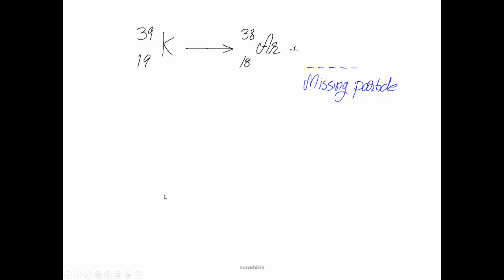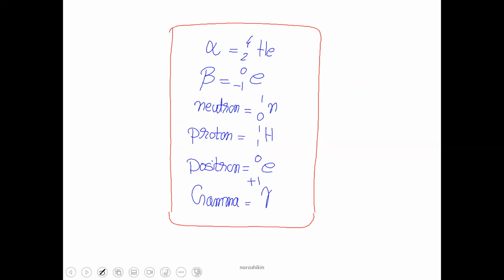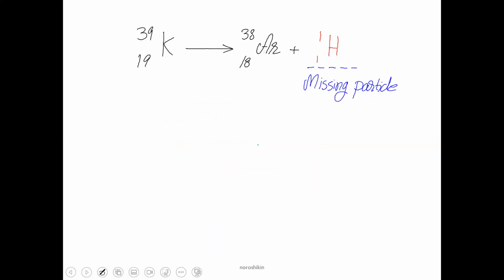I show you 39 minus 38 is 1, and the atomic number is 19 minus 18 is equal to 1. So which particle is now among the list? Select which is 1, 1. A proton. Good. This is how you solve these equations. These are commonly in your MCQs also.